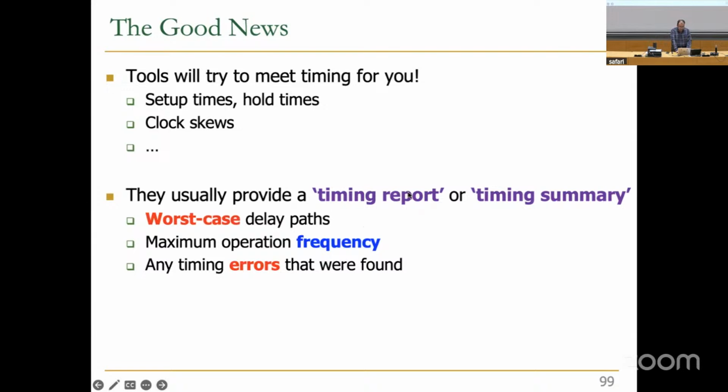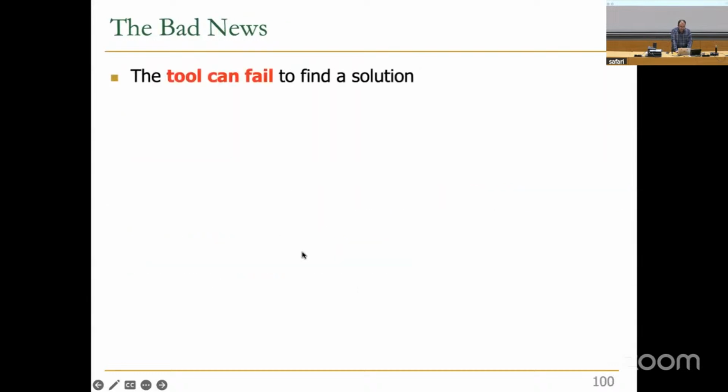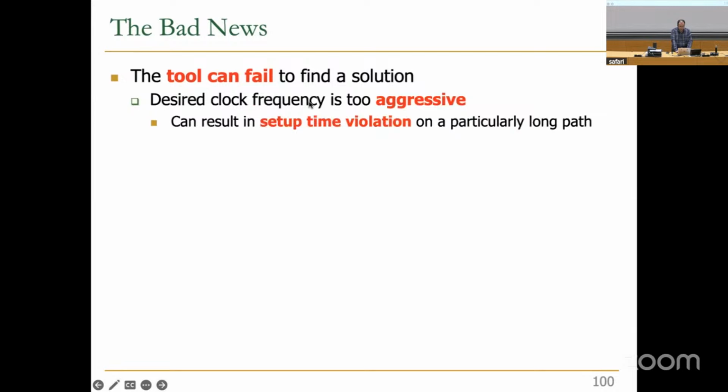And in this report, you can actually get some understanding of worst case delay paths, like what is the worst case latency that you have from which input to which output. And for example, you can also get maximum operation frequency or any timing errors that were found. But the bad news is that the tool can fail to find the solution.